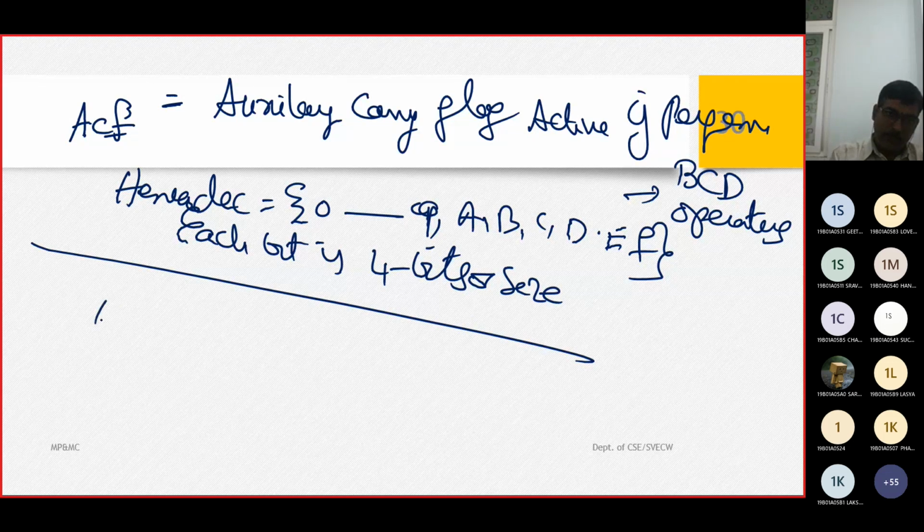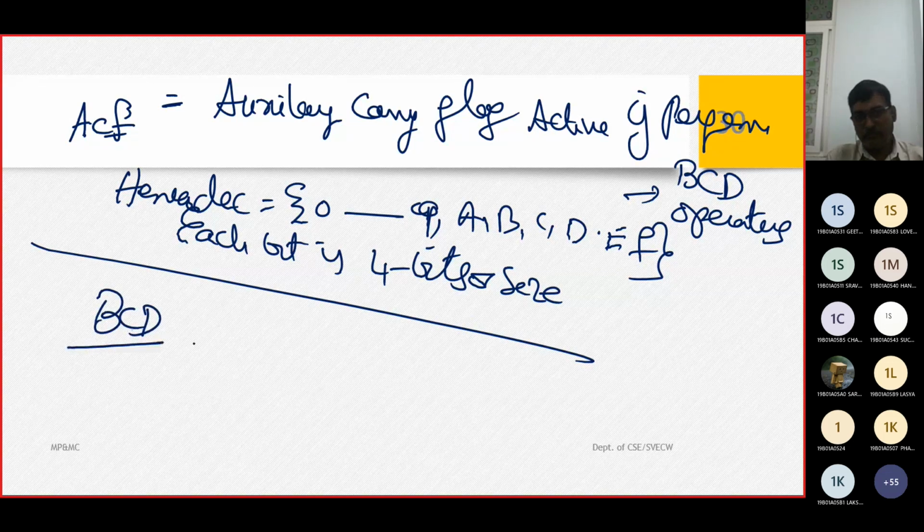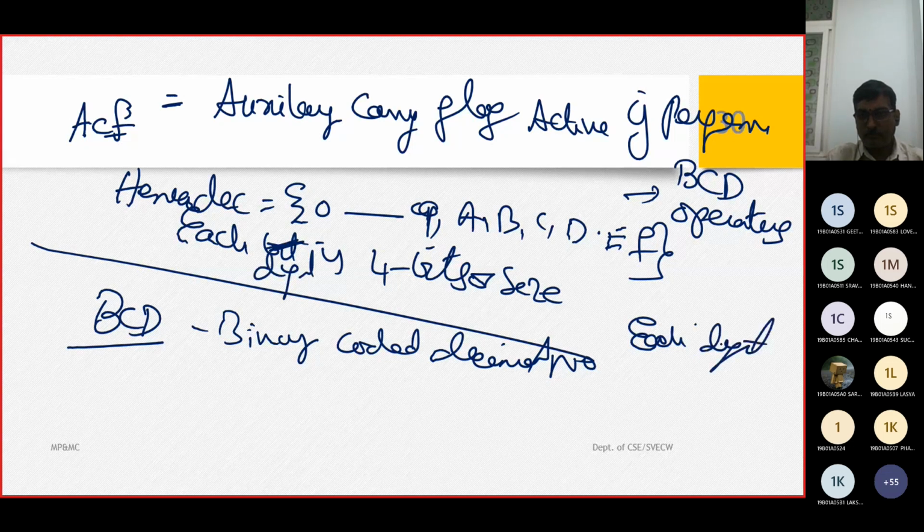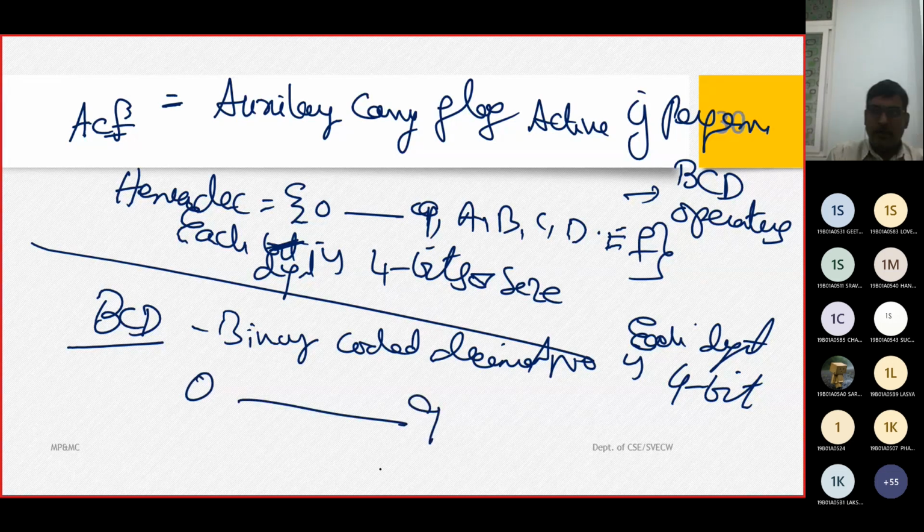Then I am going to call it BCD, that is nothing but binary coded decimal number. Each digit is 4-bit, and the second case was the minimum value was 0 and the maximum value was 9.